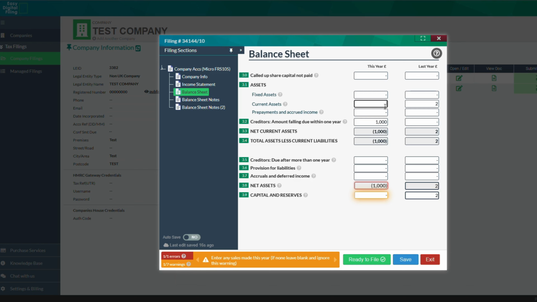So the net assets are £2, which is the bank balance, minus the £1,000, which is the loan, which equals negative £998. Then, the capital reserves are the £2 of share capital which are carried forward from the previous period, minus the £1,000 of trading loss, which also equals negative £998. So the net assets equals the capital reserves.